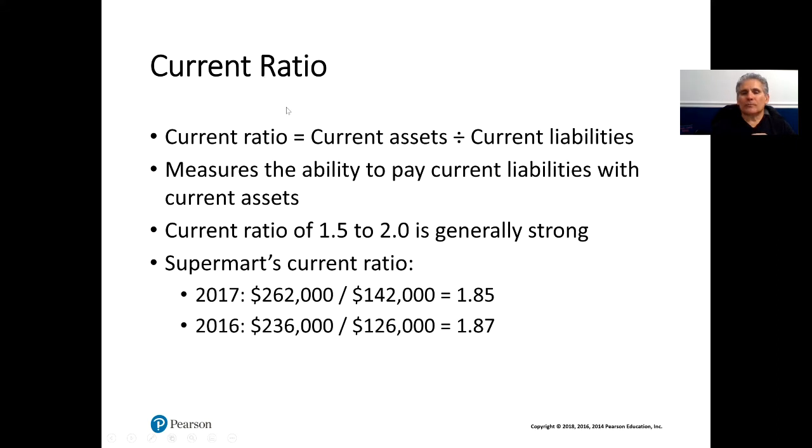The current ratio is pretty similar. You're going to be using the same numbers, except rather than subtracting the two, you're going to be dividing the two. You're going to be taking current assets divided by current liabilities. This is almost the same kind of an analysis, because you're really comparing the two, except we're throwing dollar amounts out and we're trying to see the relative size relationship.